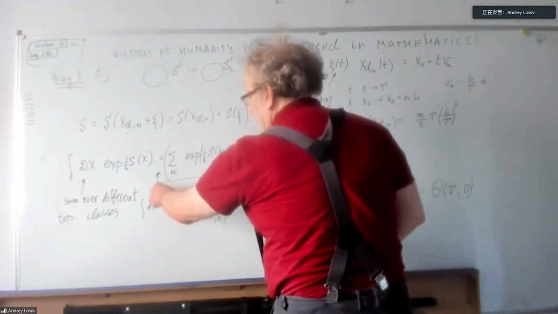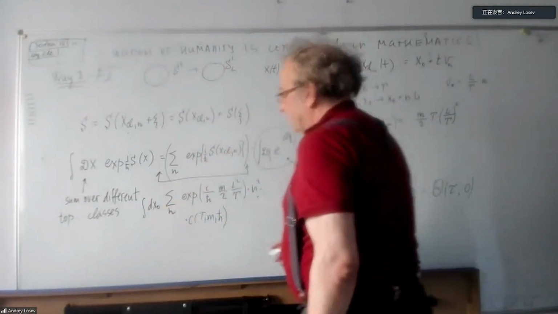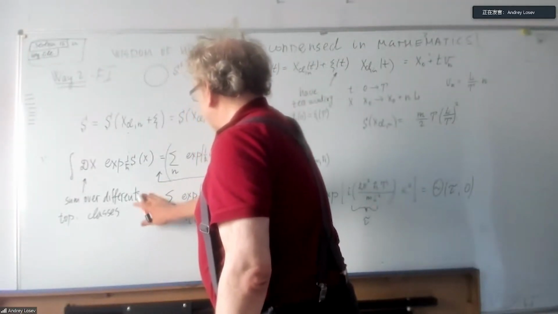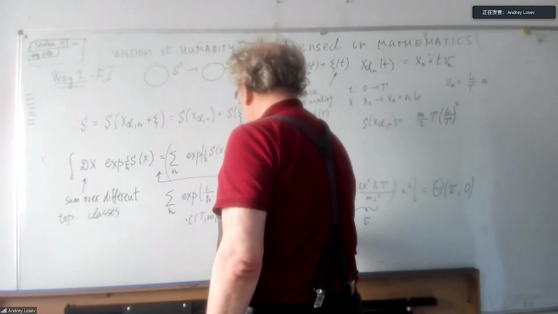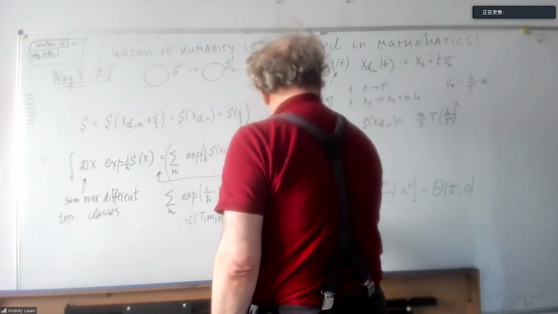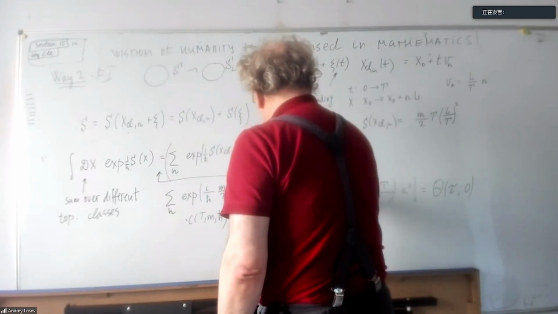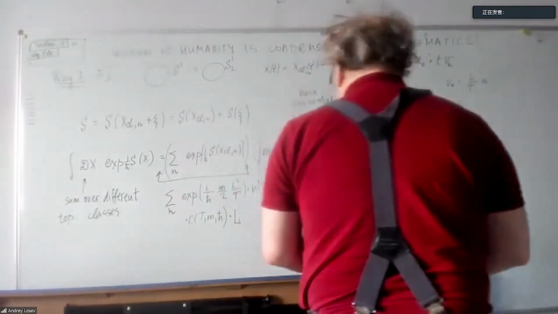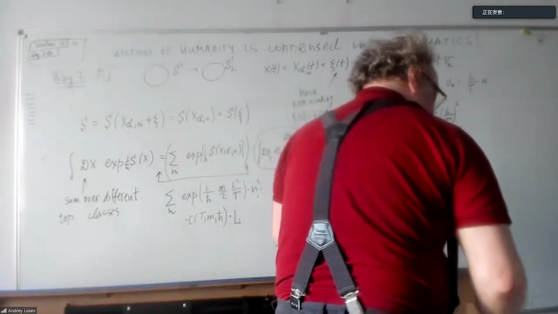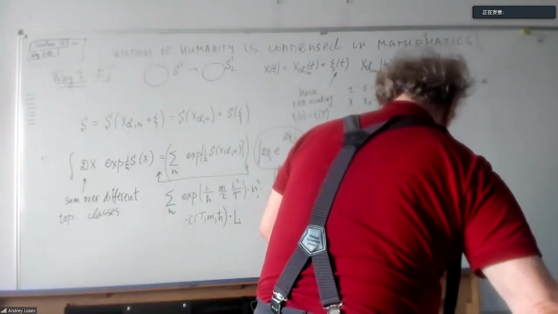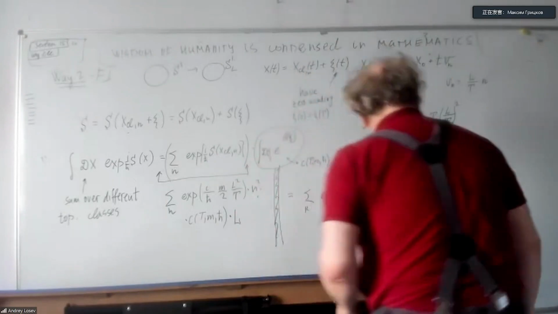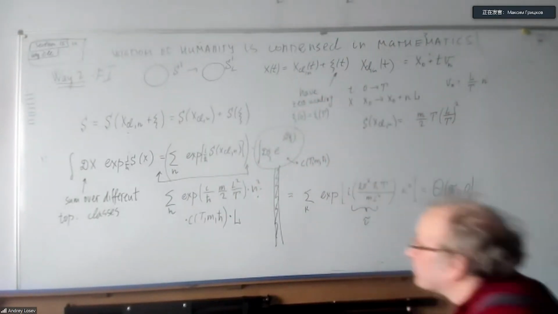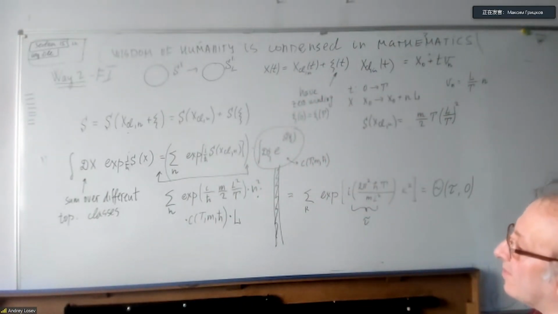Okay, here I have this integral, and I assume that this integral is L. Excuse me, why do we multiply this formula by L?